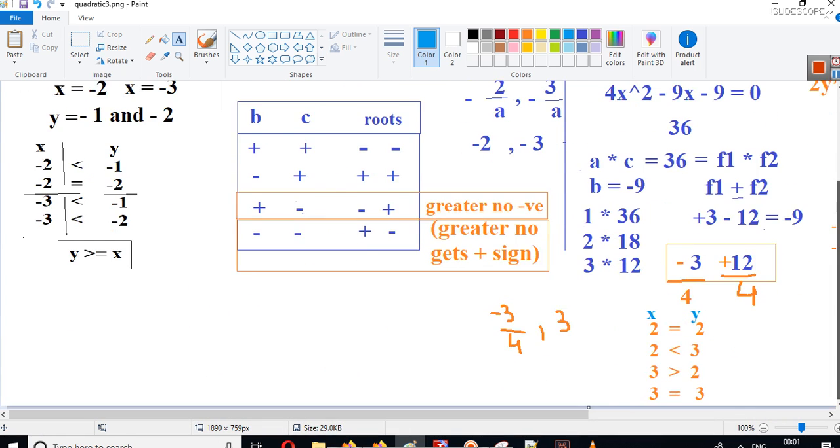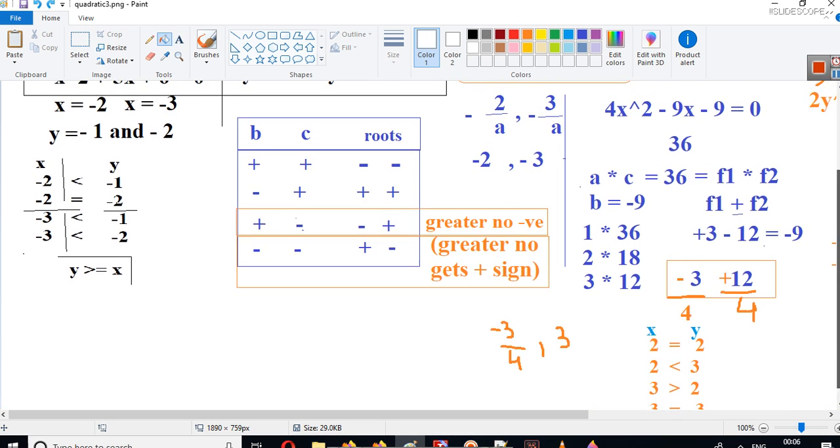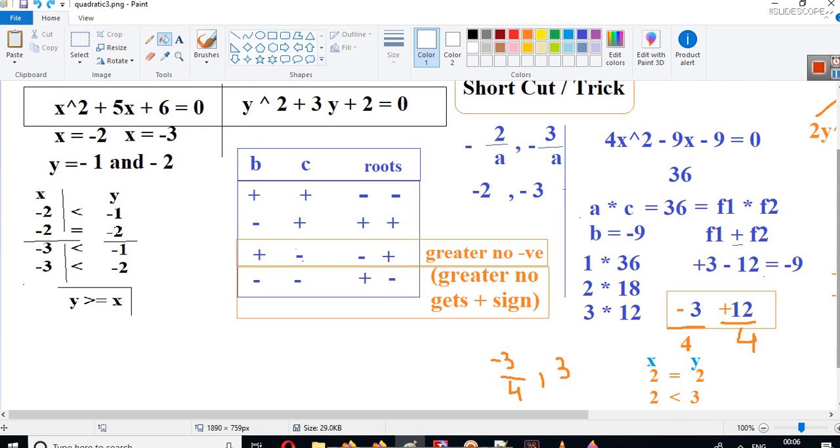Now there will be some examples in which you will not be able to get the factors. In some cases, if factorization is not possible, then you can use the Dharacharya formula or the quadratic formula, but again it takes time to calculate.